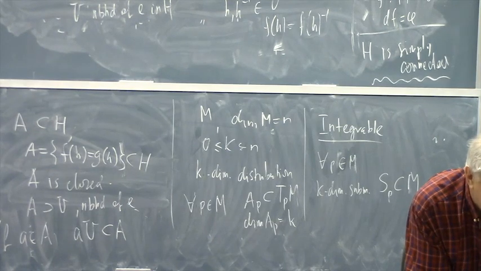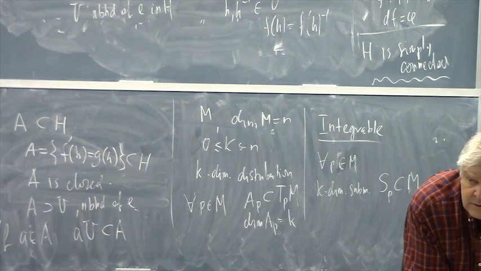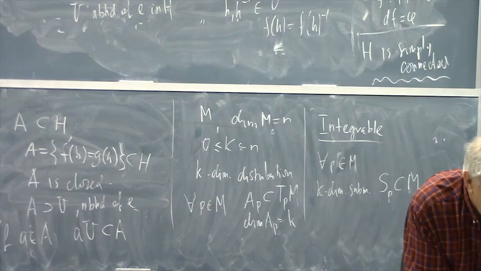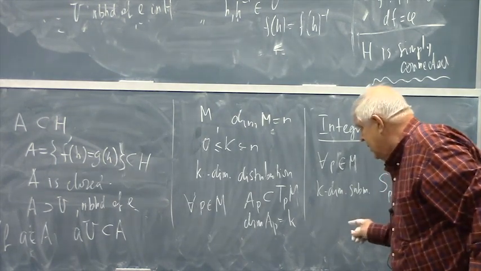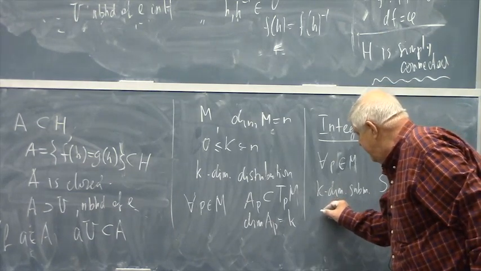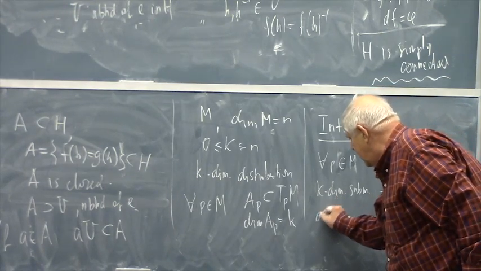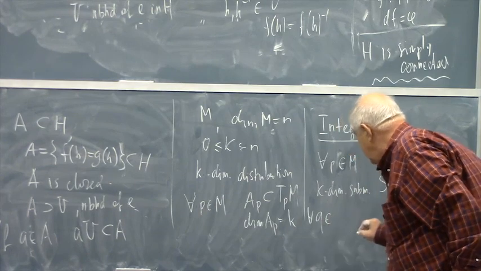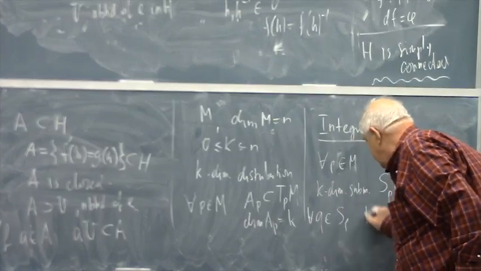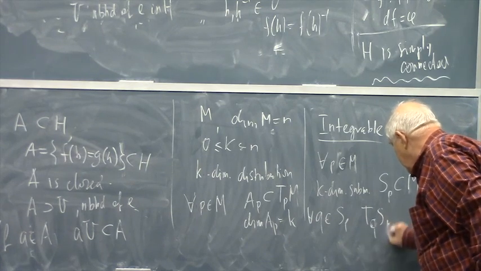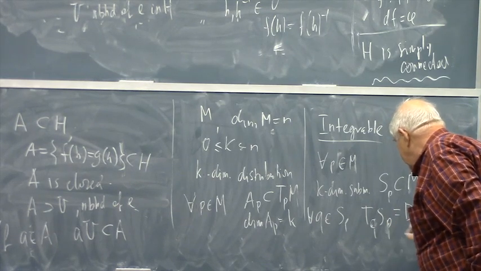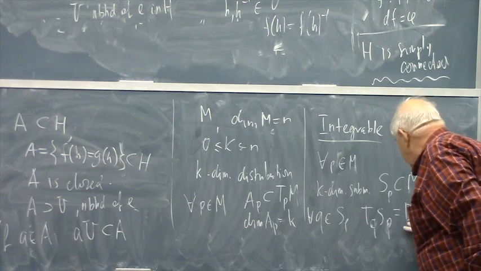It is a submanifold of some neighborhood of P. I do not want anything global. Such that for every Q in S_P, the tangent space T_Q of S_P is A_Q.